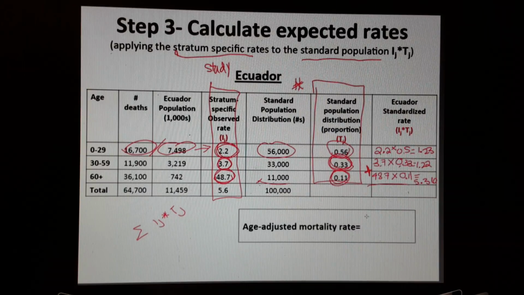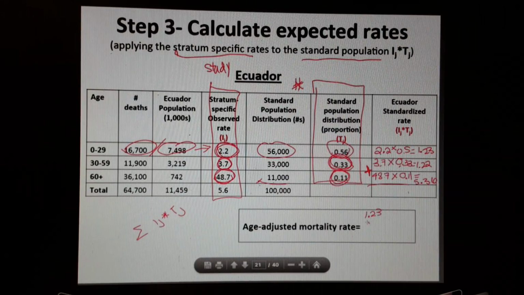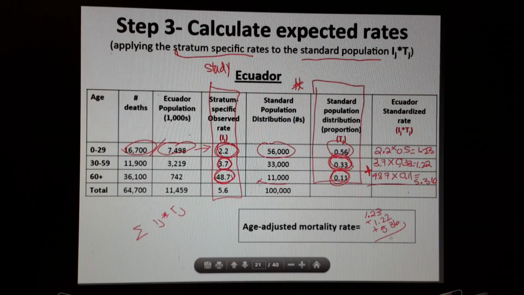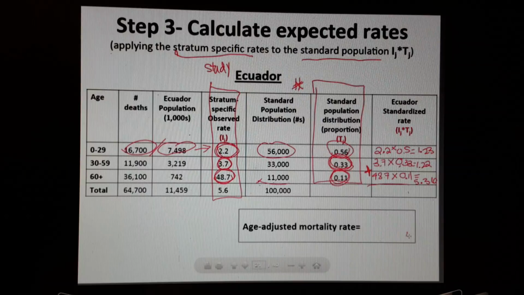So the sum is just adding all of those up. Okay, so that gives us a total age-adjusted, directly adjusted mortality rate of 7.81 for Ecuador.